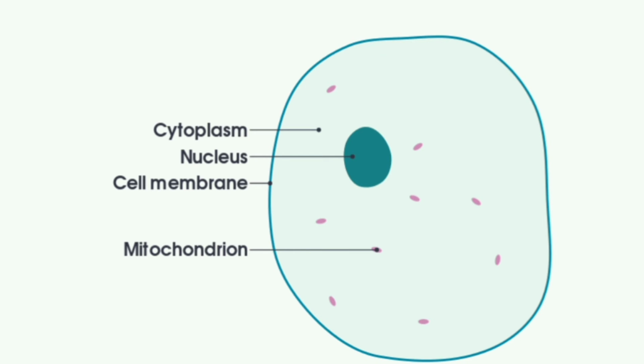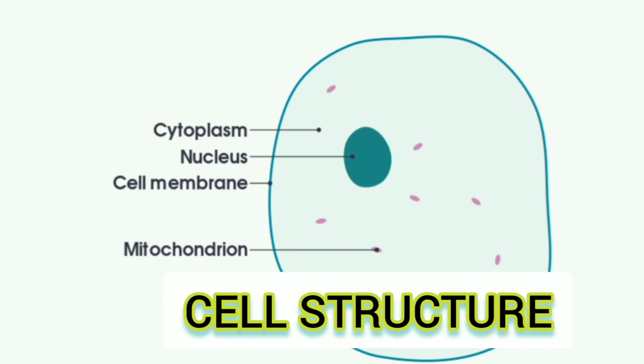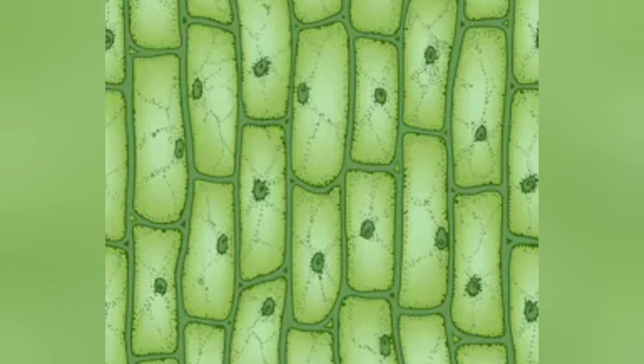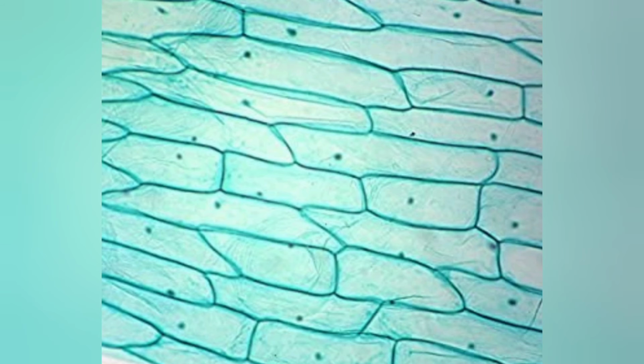It looks a little bit different because this picture only shows you the parts of cell which is visible in a normal compound microscope. So if you see in a normal compound microscope, you will only be able to see the cell membrane, nucleus, and the cytoplasm. Rest all cell organelles which are present, they are very microscopic. So from a normal microscope we can't view the structures.